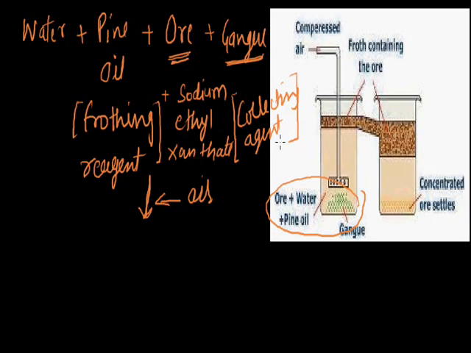The mixture of water, pine oil, ore, gangue and sodium ethyl xanthate is introduced, and we blow air through it. When air blows through this solution, bubbles or lather form.